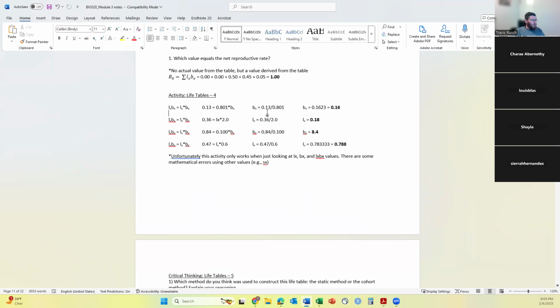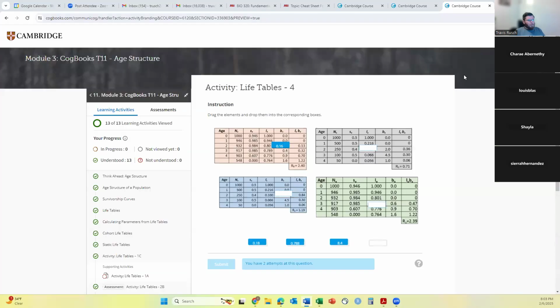So the 0.13 is divided by the 0.18, and then we solve it all by shifting one of the values or multiplying them together. Does that make sense how to use these three on the right for the group? Yeah. Okay.